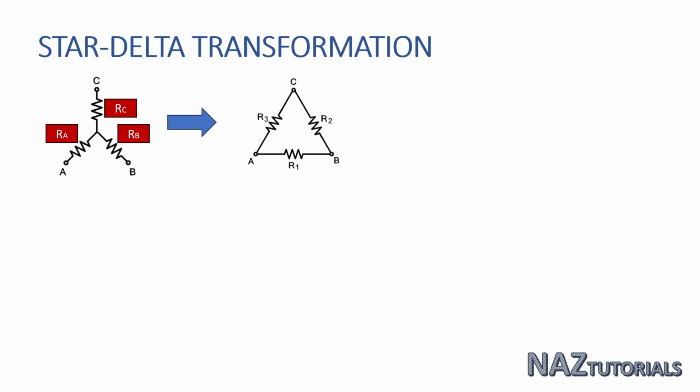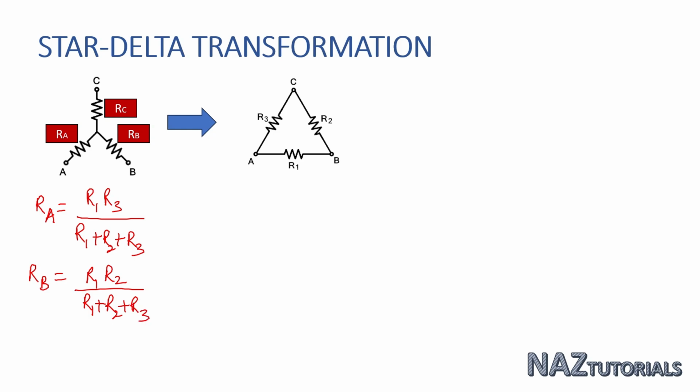So these base equations, that is RA, as we discussed earlier, is R1 R3 divided by R1 plus R2 plus R3, and here RB is R1 R2 divided by R1 plus R2 plus R3, and the value of RC is R2 R3 divided by R1 plus R2 plus R3.